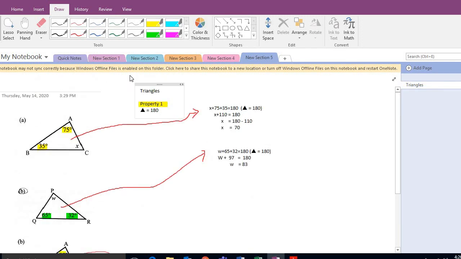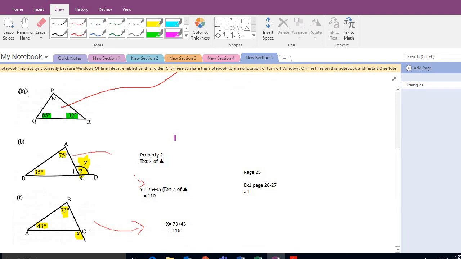So property 1, I'm going to circle them with purple. Here's your property 1: all the angles in a triangle add up to 180 degrees. And property 2, the exterior angle, which is that one, is equal to the sum of the opposite interior angles. I'm going to put a plus sign here. The sum, meaning we add those two together. Okay. Thank you, grade 8s. God bless.